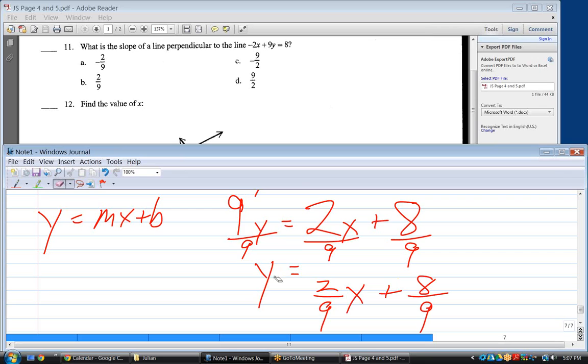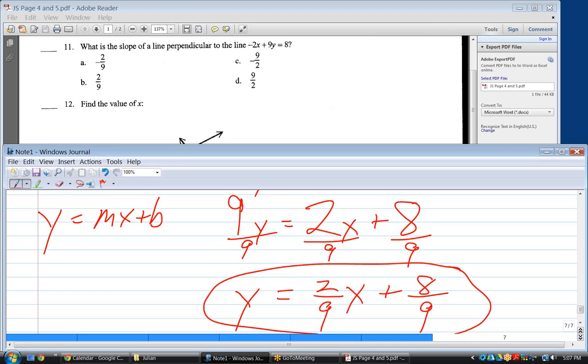What's the slope of this line? This line right here, what's the slope of that line? The one we just solved for. 10/9? No. Y equals mx plus b.